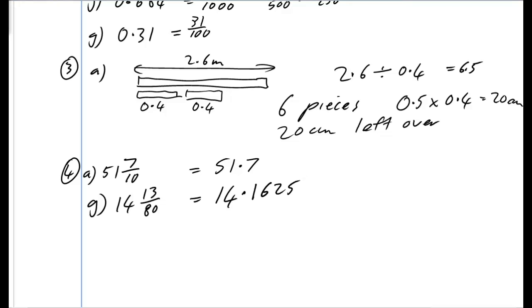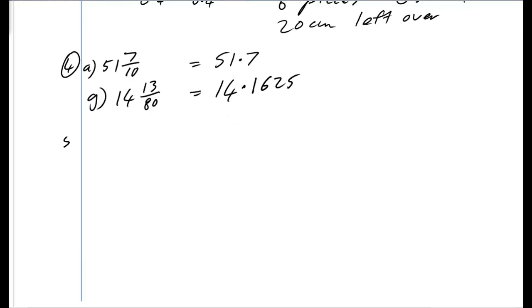Now, number 5, let's quickly have a look at that. Number 5, write the following decimals as mixed numbers in the simplest form. So I think they mean fractions there. So if you've got, say you've got E and you've got 13.02 and you want to write it as a mixed number, I think they mean a mixed fraction there.